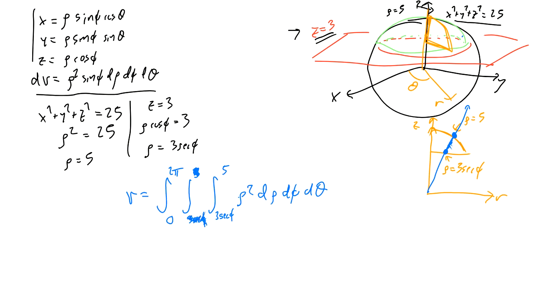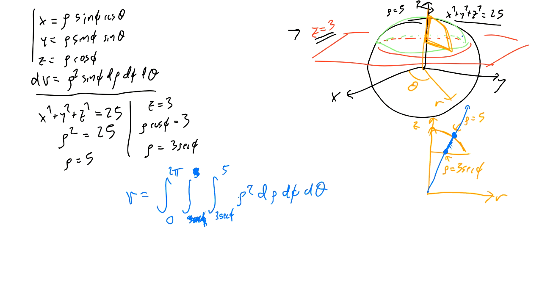Now, since the rho bounds involve phi, that means that phi has to go further out. Let's finish up by figuring out what the bounds on phi are. I am going to start off with phi equals 0.